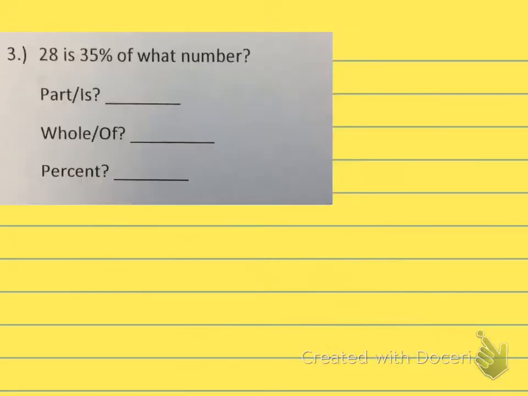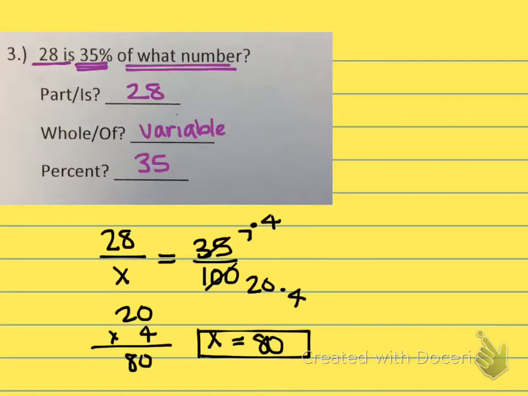Okay, I would like you to try number 3 on your own. Whenever you have finished, I would like you to press pause and check to see if you got it correct. Okay, so you should have gotten x equals 80. Our part was 28, our whole was a variable, and our percent is 35. So 28 over x equals 35 over 100.